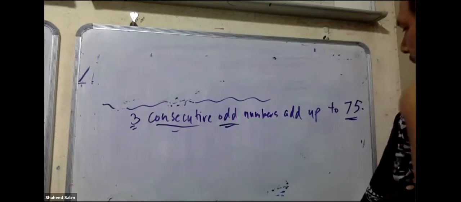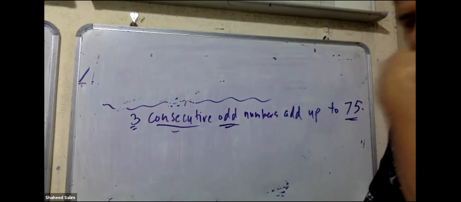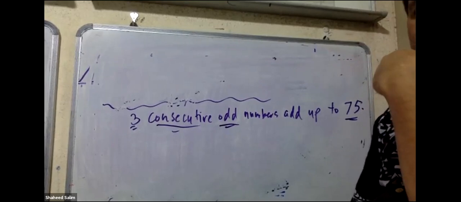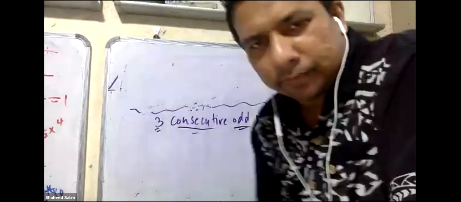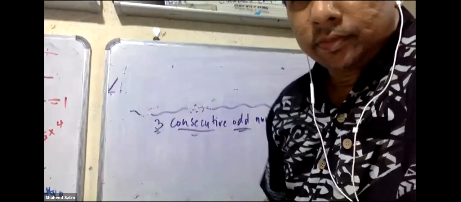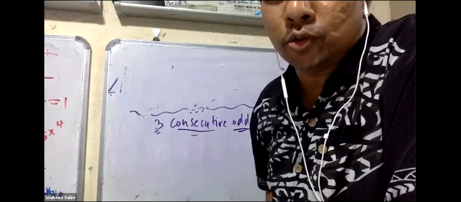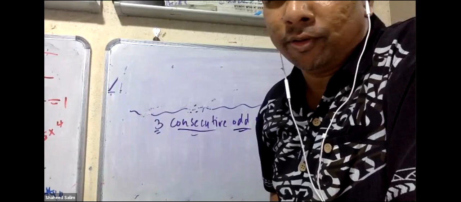The decimal? No, decimal. I don't think it's a decimal. Consecutive odd numbers. Show me your working. X plus 2, X plus 2 again, or X plus 4?